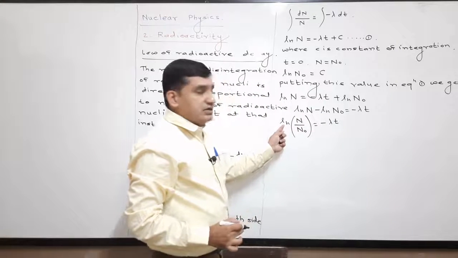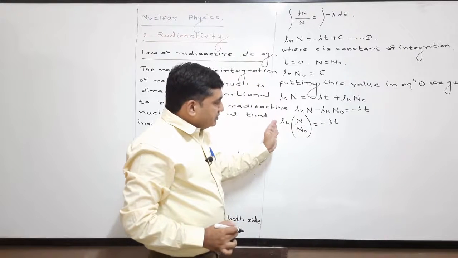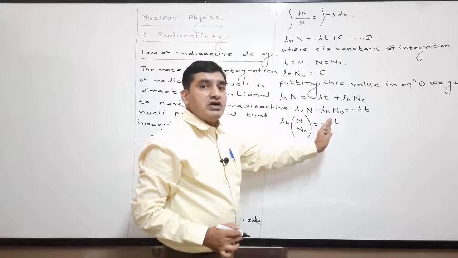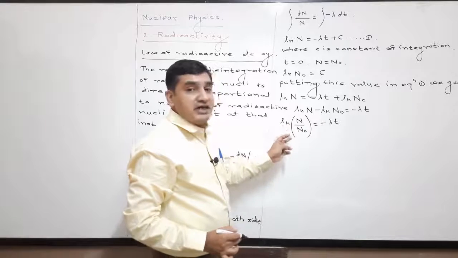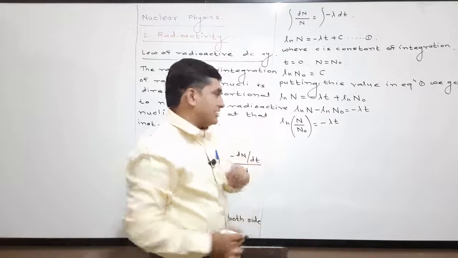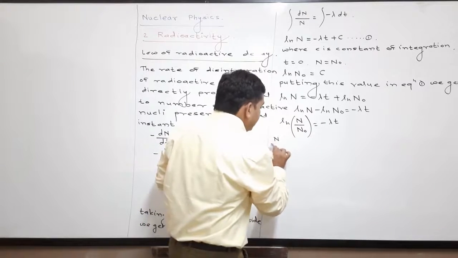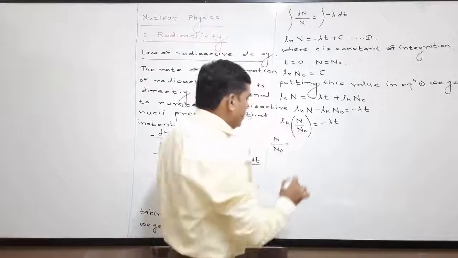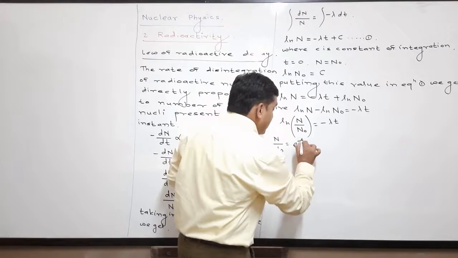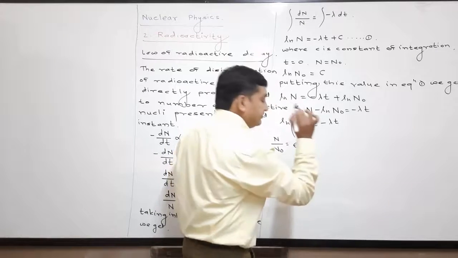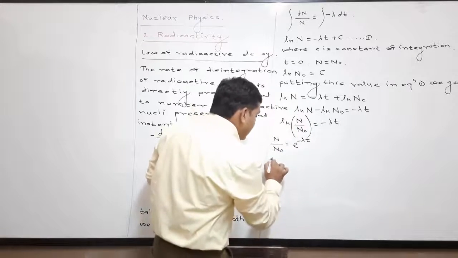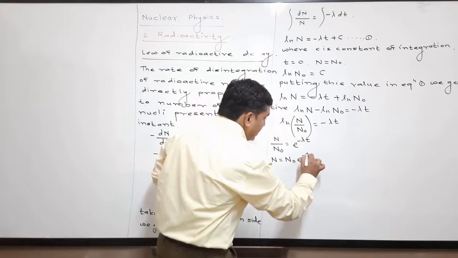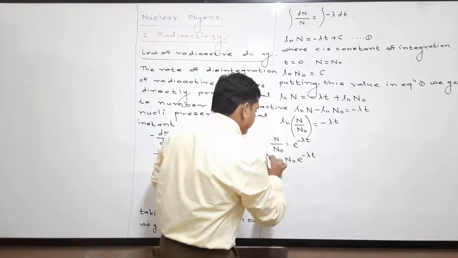Here there is ln on the left side; when it goes to the right side, it becomes exponential, and therefore we can write N upon N0 equals e raised to minus lambda t, and therefore N equals N0 e raised to minus lambda t.